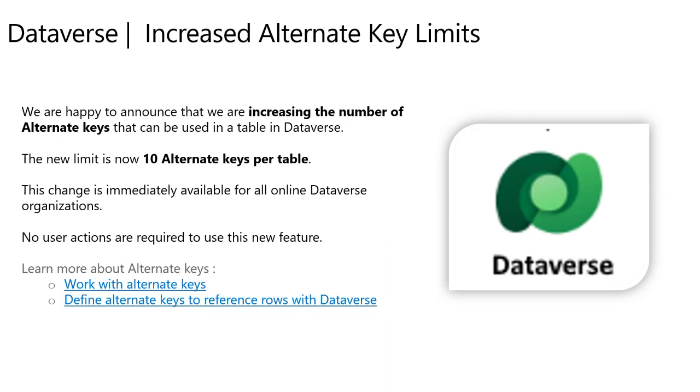Previously, the limit was 5, I believe, on these alternate keys, and that's been changed to 10. There were some requests to increase those limits to help address more complicated scenarios, and now that limit is 10 per table. That change should be implemented everywhere and is immediately available for all online Dataverse organizations. No actions are needed from users to make that active.